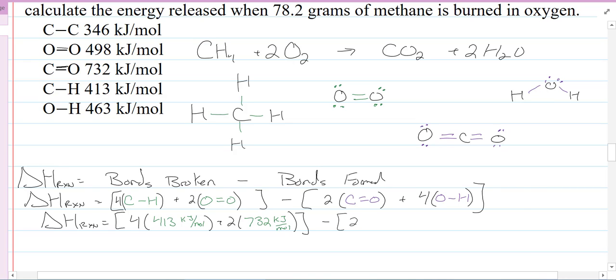Minus 2 times CO happens to be, oh wait, I messed up. CO is 732. And OO is not 732, is it? OO happens to be 498. And 4 times OH is 463.